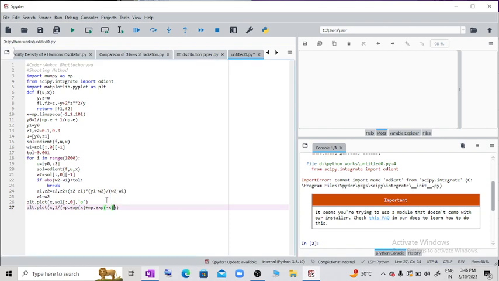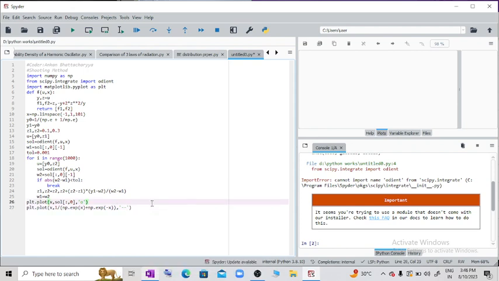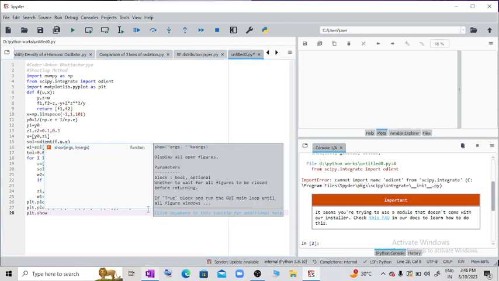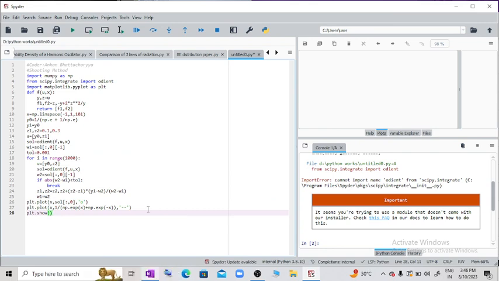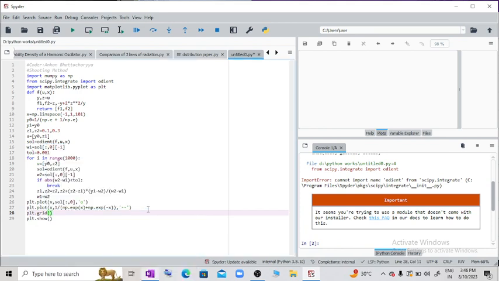Okay, so I want to plot it in a dotted curve like this. Next, the thing I have to show is plt.show. Okay, so let us run the program.